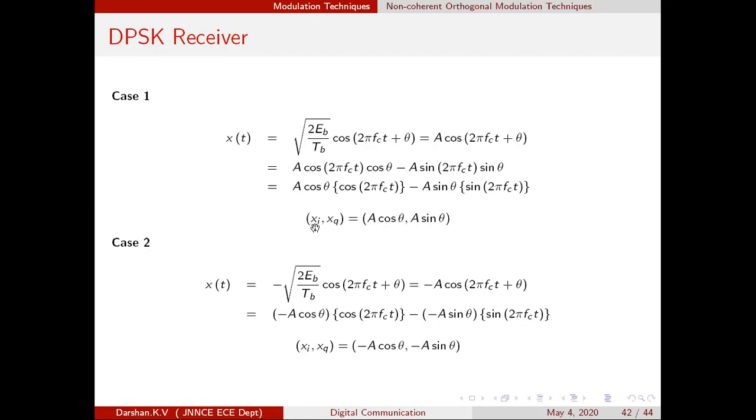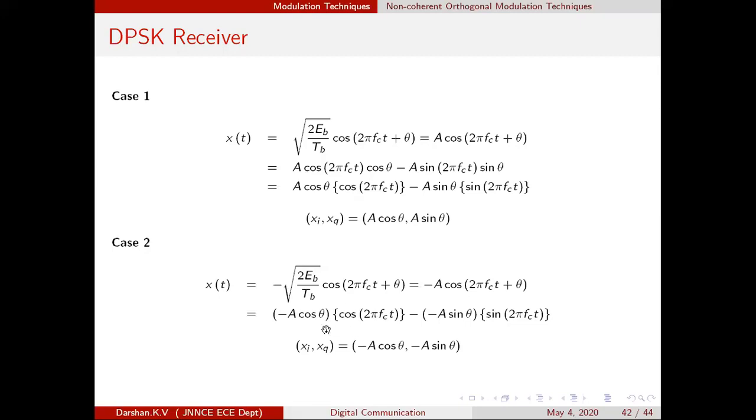Signal. So what do xi and xq mean? xi is the in-phase component, and xq refers to the quadrature phase component. It would be A cos theta and A sin theta, when you are transmitting the signal without any phase change. What would be the other case? You may transmit the signal with a phase change, that is a 180 degree phase shift, indicated by this minus sign.